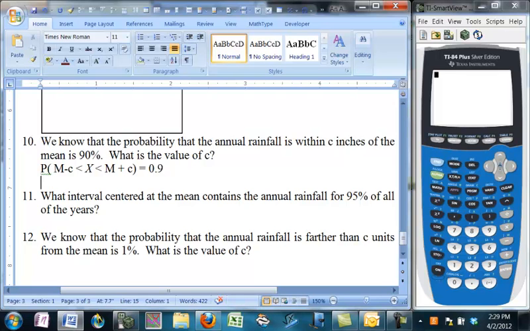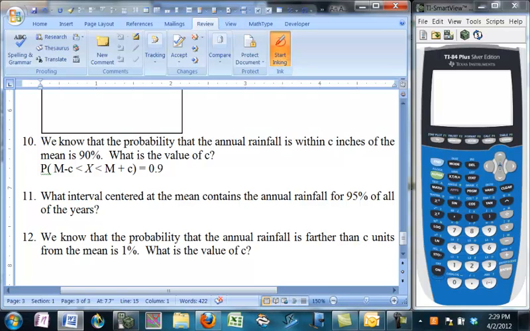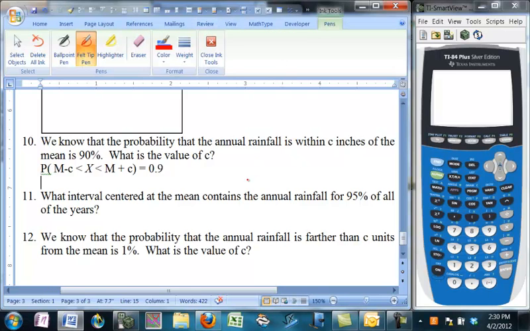Now this one requires us to think just a little bit, so let me do a little sketch here to get a rough idea. We have our axis here, and we have our normal distribution with our mean right here in the middle.